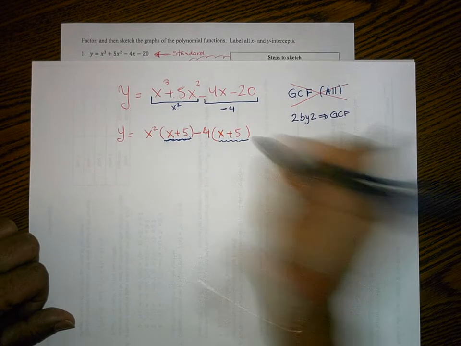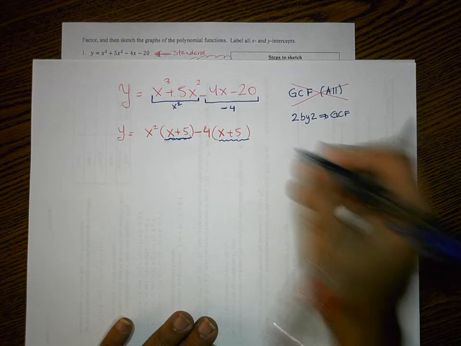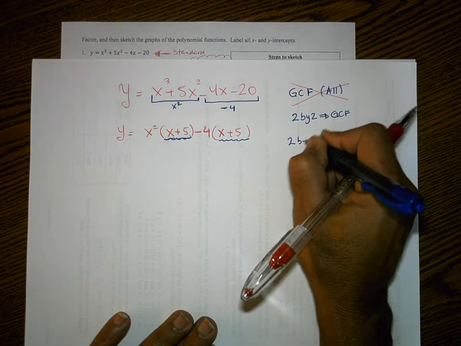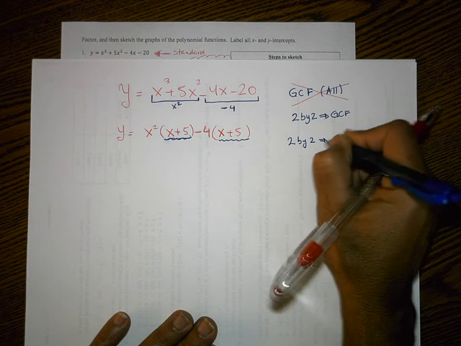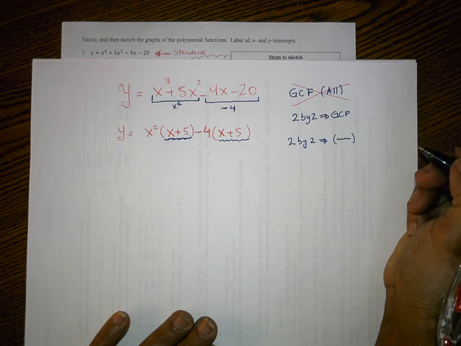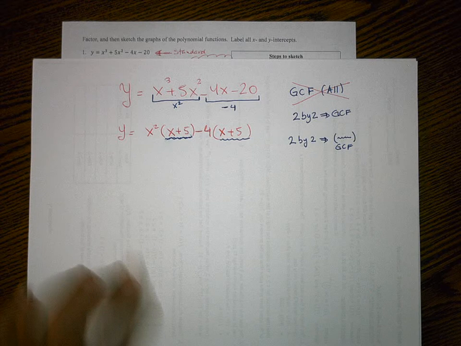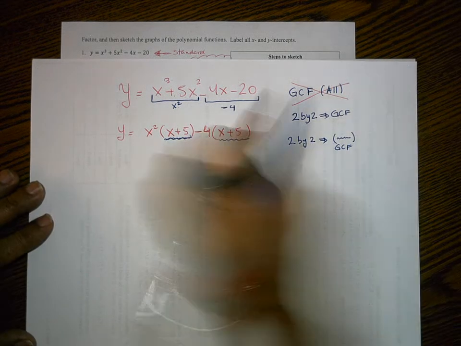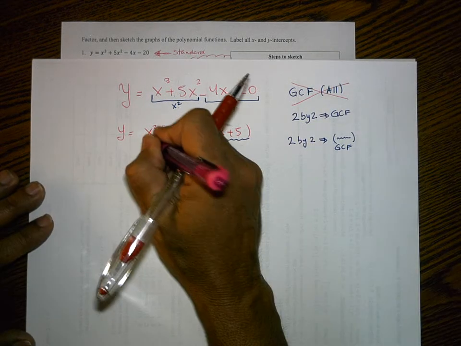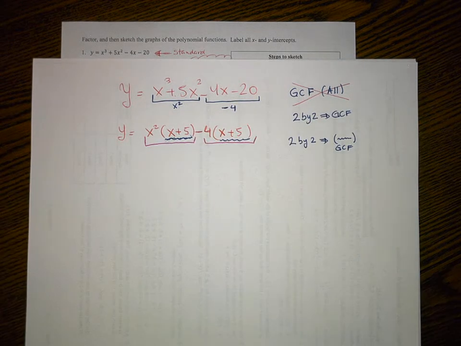Okay? All right, and then you say, what do I do? Well, now you group them 2 by 2s again, and then you factor out that binomial. That is the GCF. The binomial is what they both have in common. The first set of factors and the second set of factors have that binomial in common.